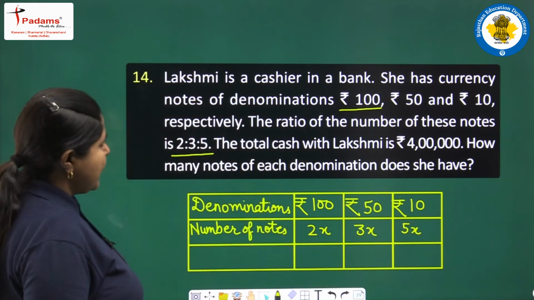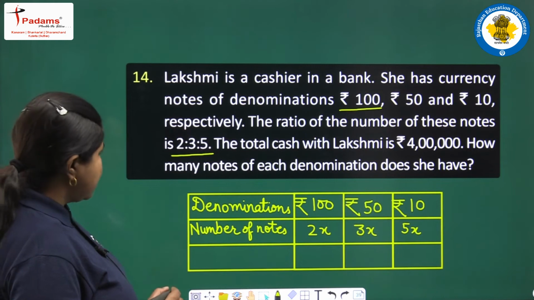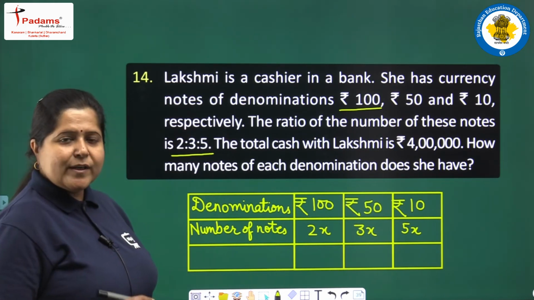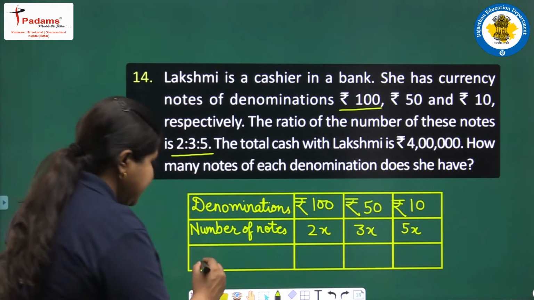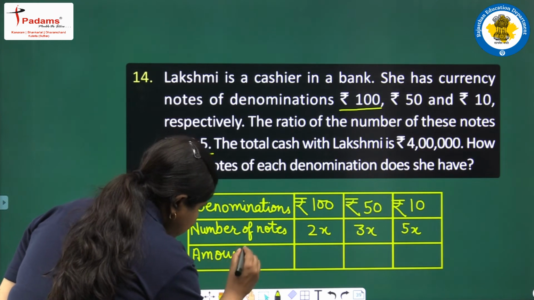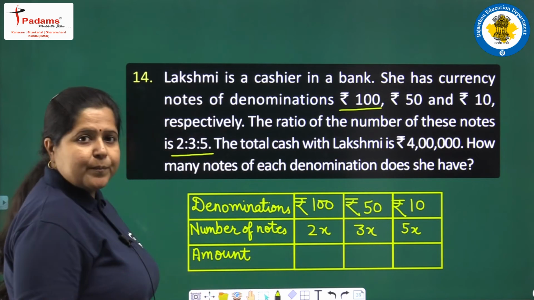Very easy. The total cash with Lakshmi is rupees 4 lakhs. How many notes of each denomination does she have? First of all, let us find the amount from each denomination. We will write the amount. How do we get the amount? There are 2x notes of rupees 100.